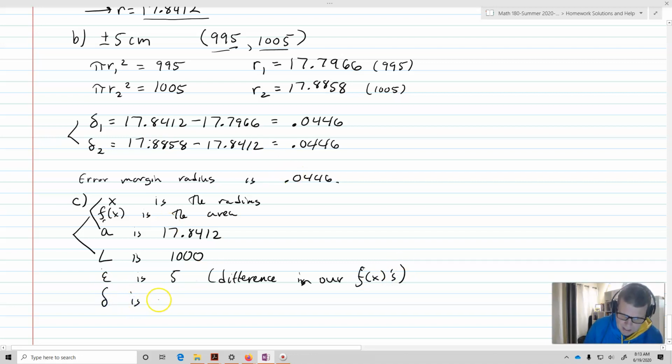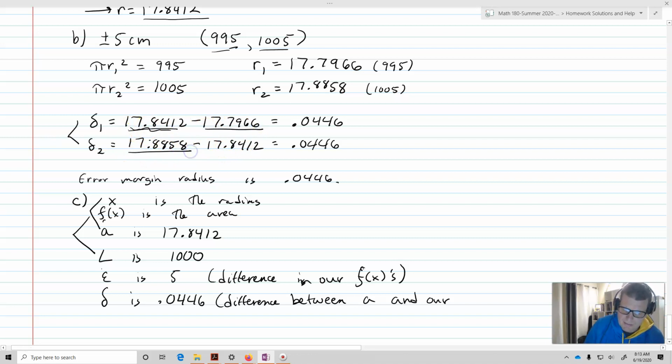Delta is, in this case, 0.0446, and that is the difference between a and our outer edges of a, so the outer limits for the x's, for the radii, 17.7966 and 17.8858.